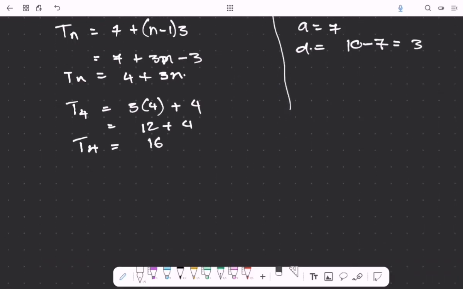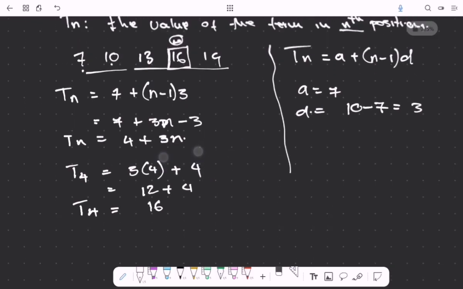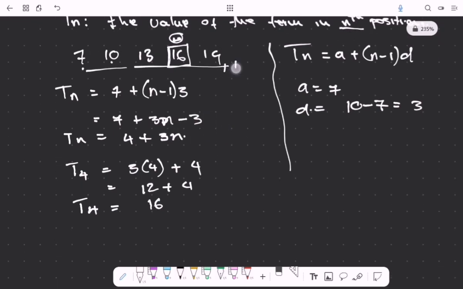So let's look at another example. This example is one important example. But okay, before that, since we have the general term, you may be asked to find, let's say you were given 19 over here, or maybe let's just continue it, and this is going to be 22.